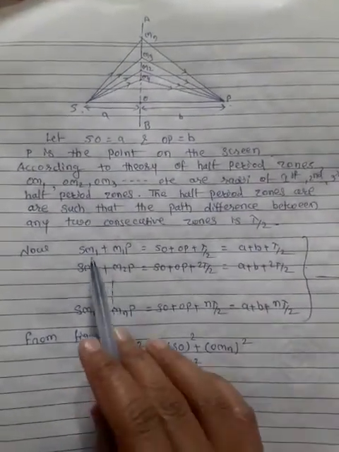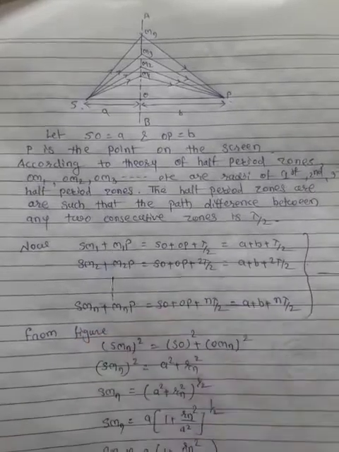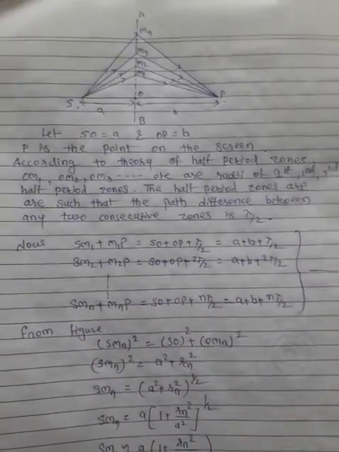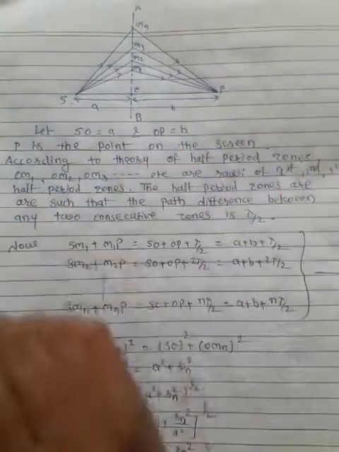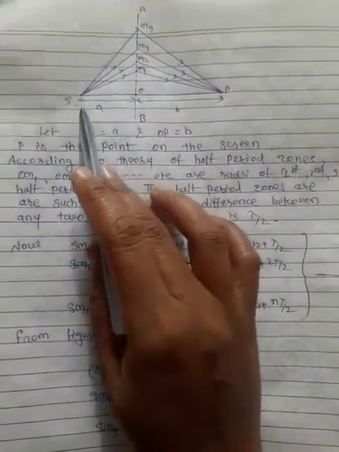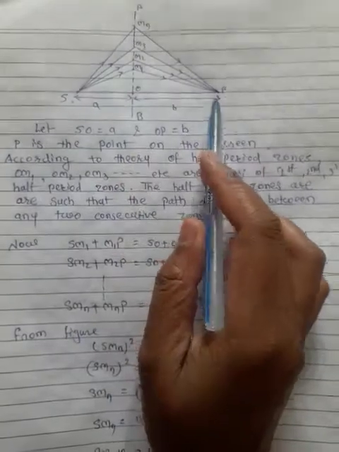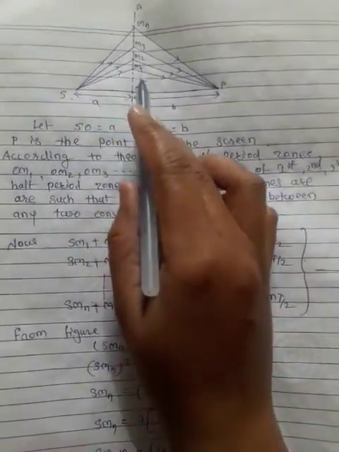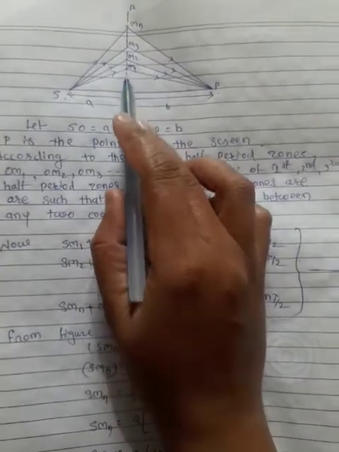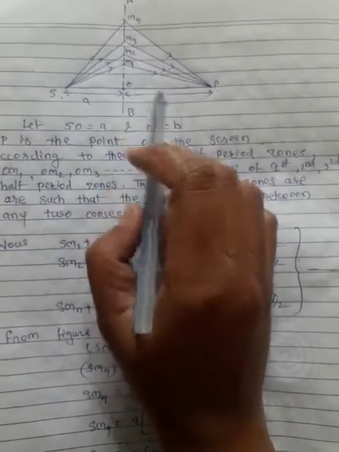Therefore, if we consider the distance SM1 plus M1P, then it is written as SO plus OP differing by lambda by 2.